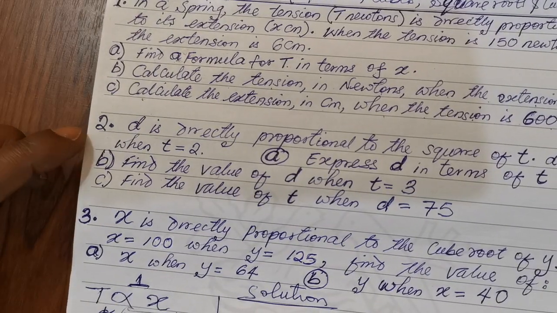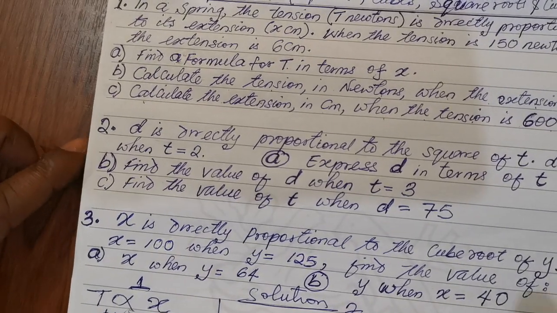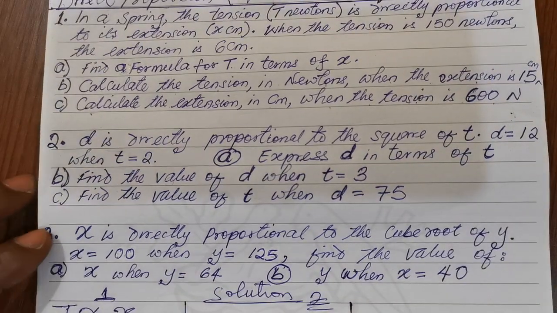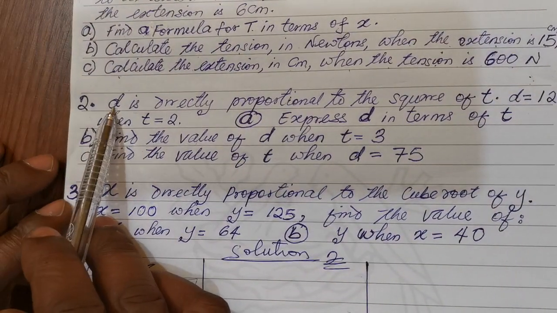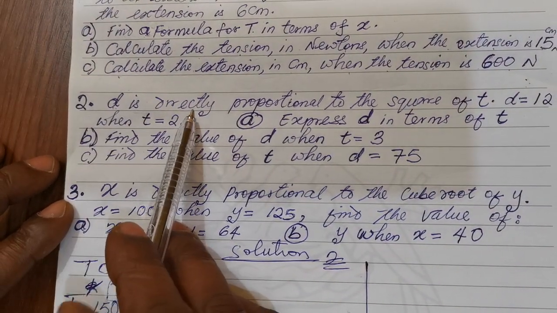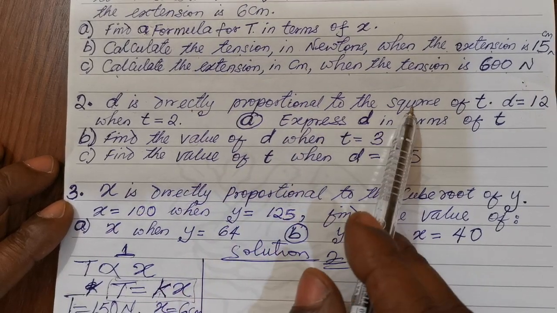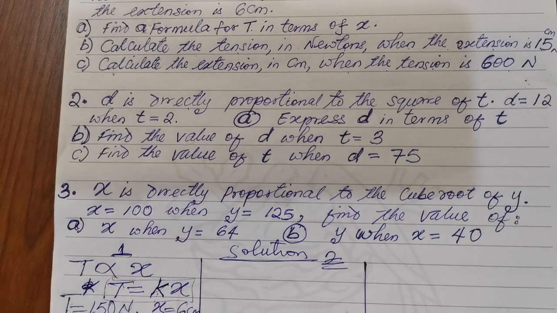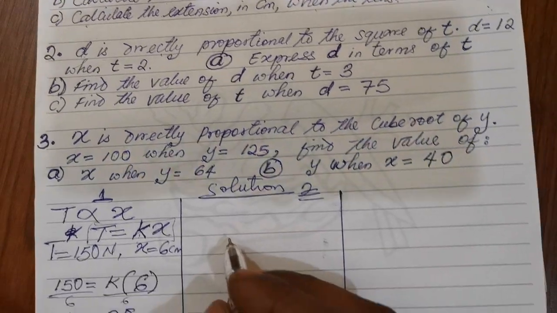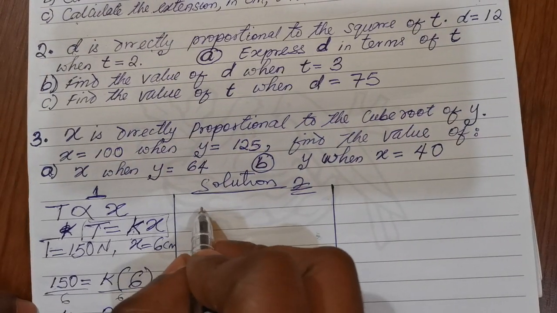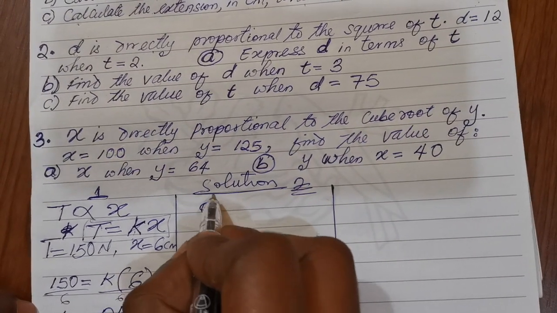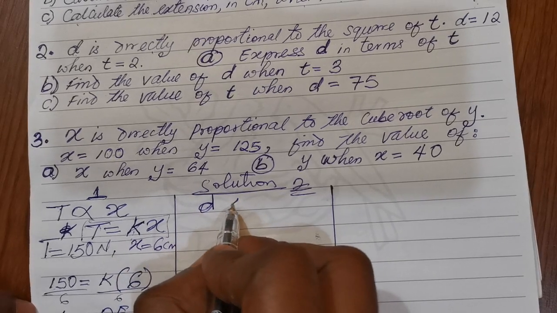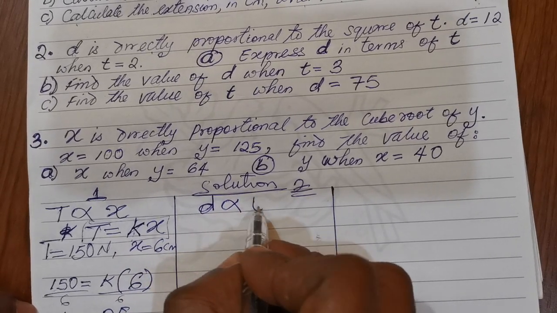Okay, now let's look at the number 2 question. Number two question says d is directly proportional to the square of t. From the sentence, we say that d is directly proportional to the square of t.